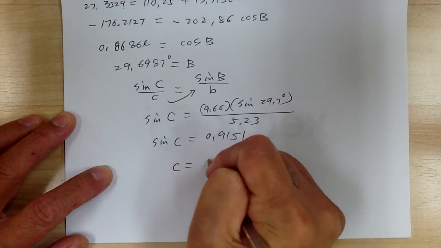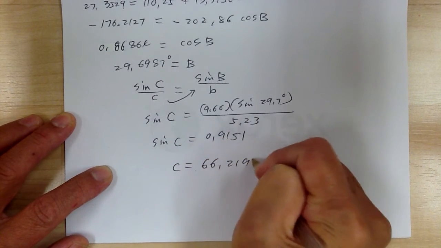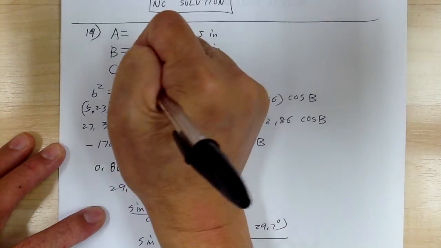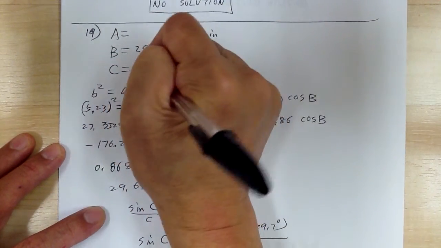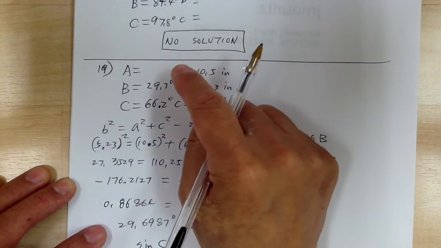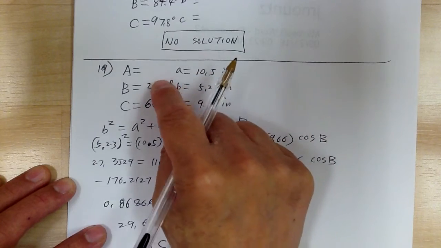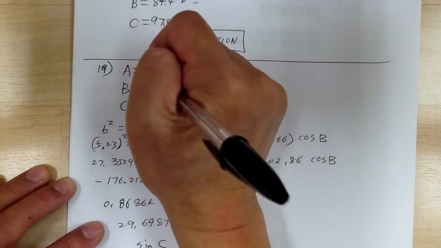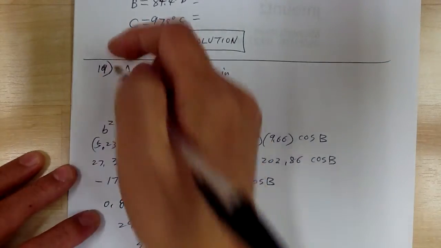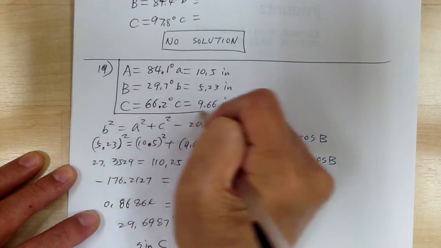So angle C equal to 66.2194 degrees. Round off to one decimal place, so you get 66.2 degrees. Now to find A, all you have to do is use 180 minus angle B minus angle C, so you get 84.1 degrees. And that would be it for number 19.